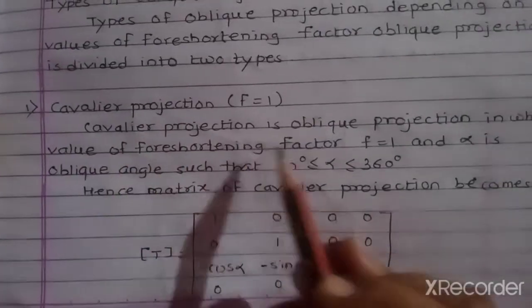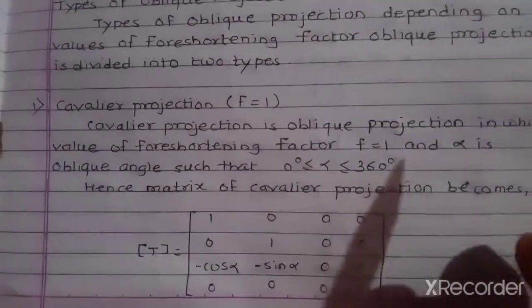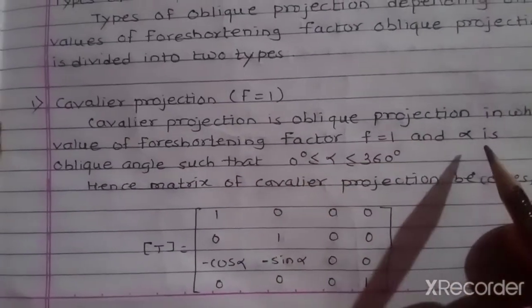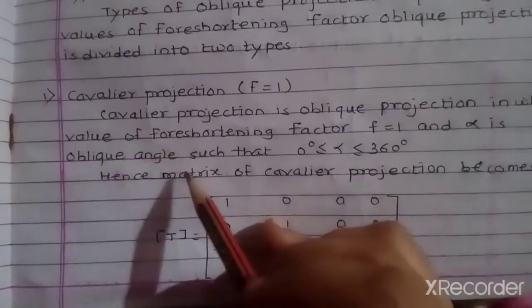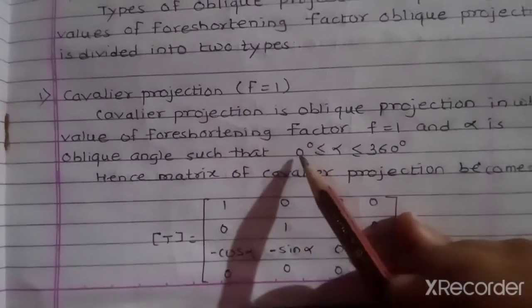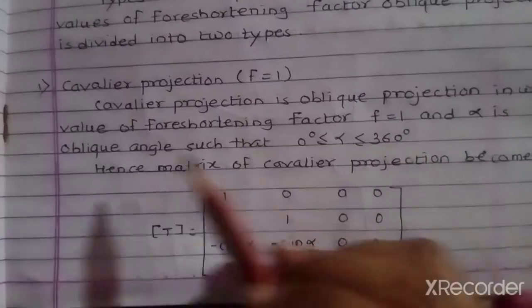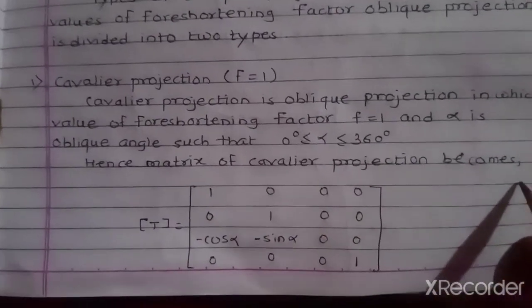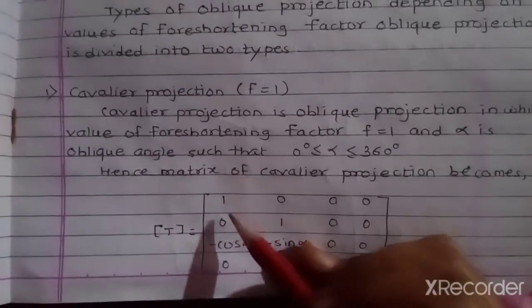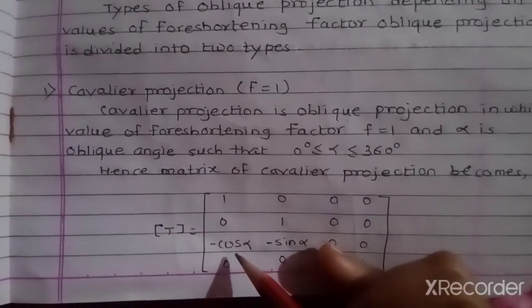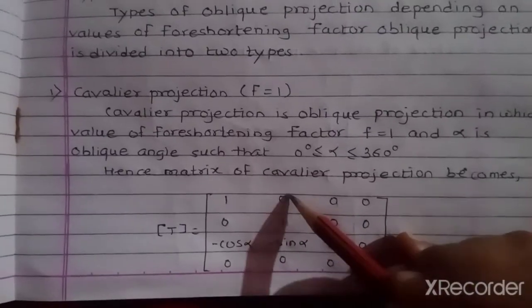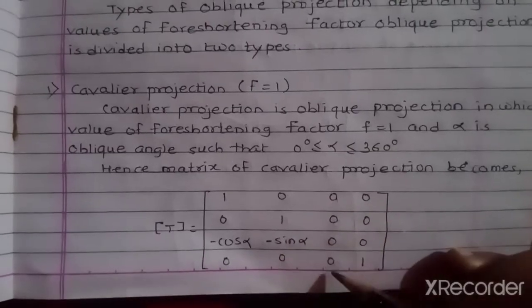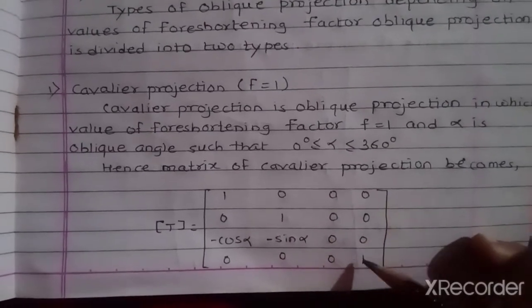The Cavalier projection is an oblique projection in which the value of foreshortening factor f equals 1 and alpha is the oblique angle such that its value lies between 0 to 360 degrees. Hence the matrix of Cavalier projection becomes T equal to 1 0 minus cos alpha 0, 0 1 minus sin alpha 0, 0 0 0 0, 0 0 0 1.